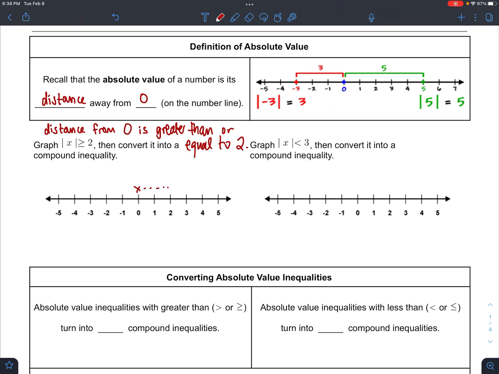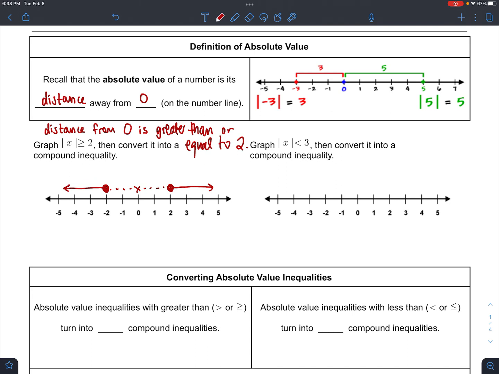So if we have 0 right here, and we go out a distance of 2 in either direction, this inequality is saying, hey, only include a line where the distance is bigger than 2 or equal to it. So it starts right here, and it continues on.